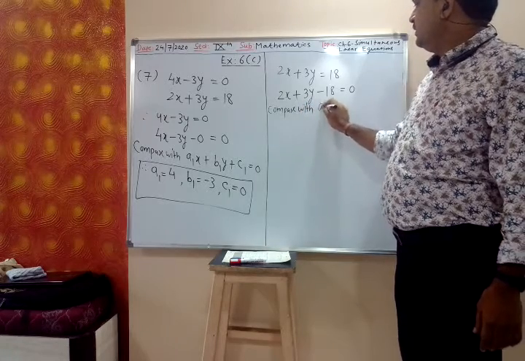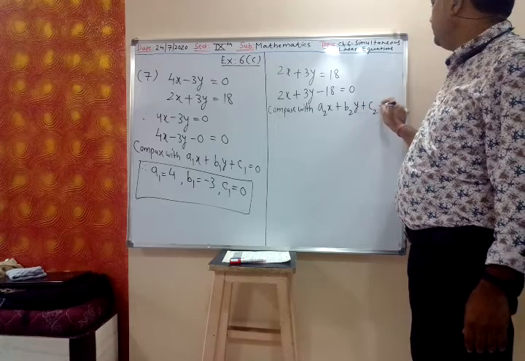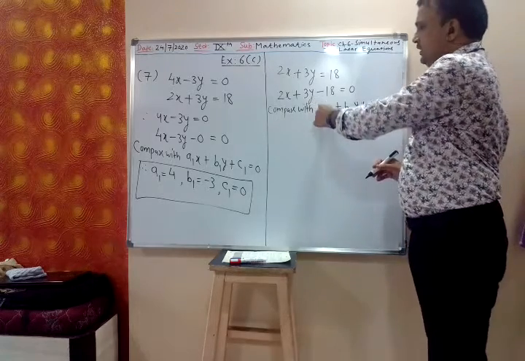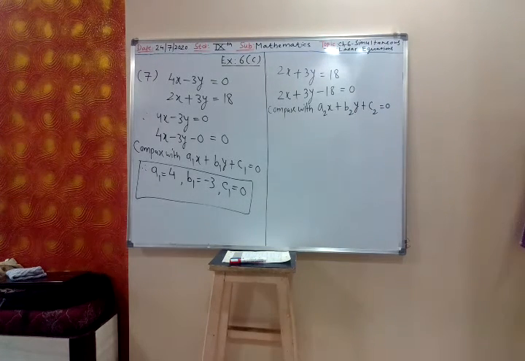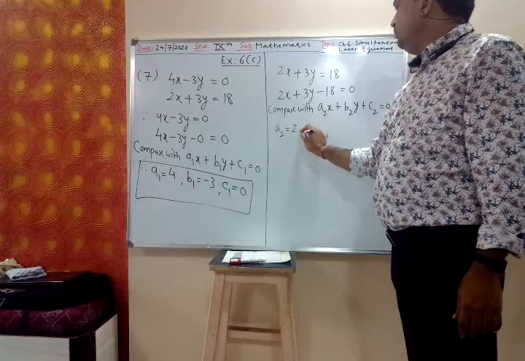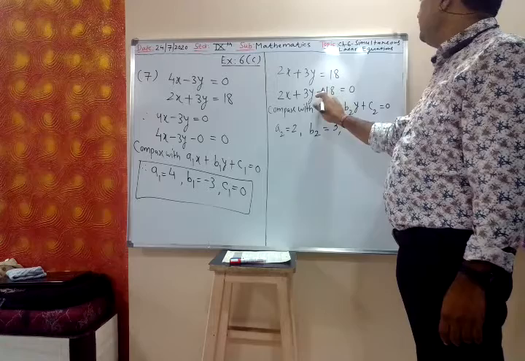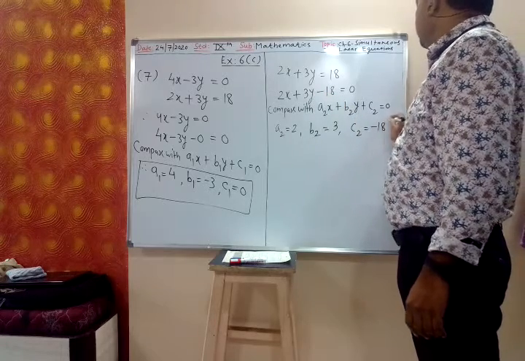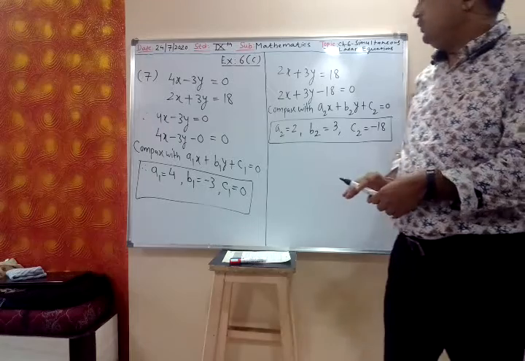Coefficient of x is a2 and coefficient of x is 2, so a2 is 2. b2 is 3, and c2, the constant term, is minus 18. So now we have got the values of a1, b1, c1, a2, b2, c2.